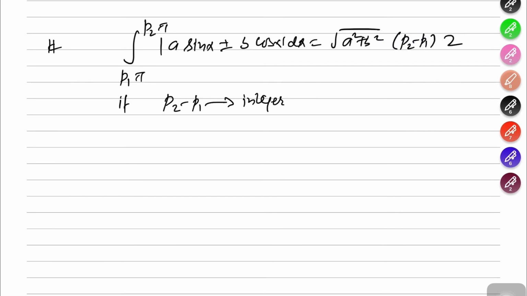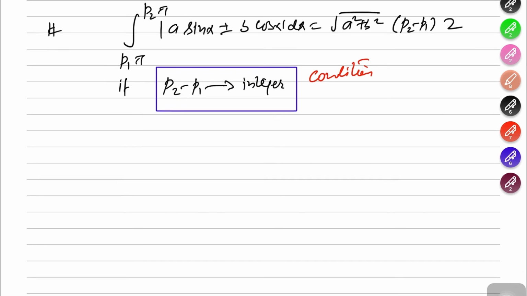In the previous case, n1 and n2 are integers. Here, even though p1 and p2 are not integers, this formula is still valid only if p2 minus p1 is an integer. This is the condition; we should note it down. If p2 minus p1 is not an integer, we will see in the next video how to deal with it.